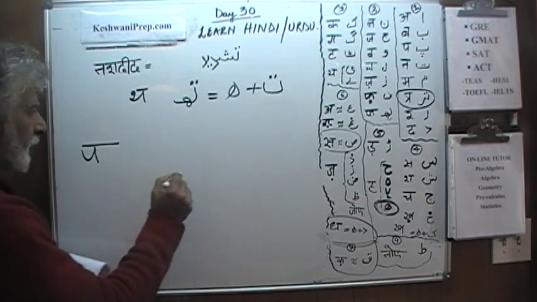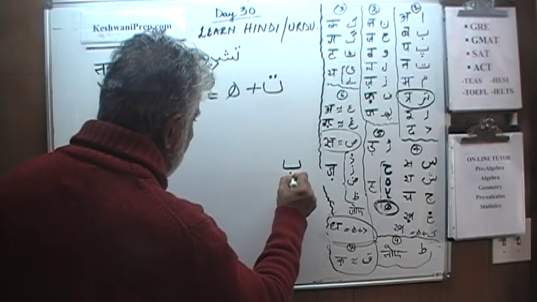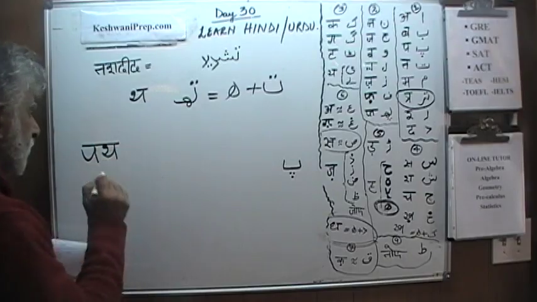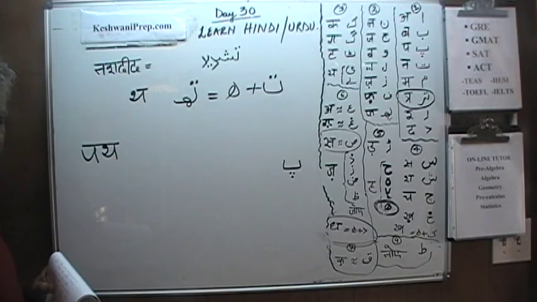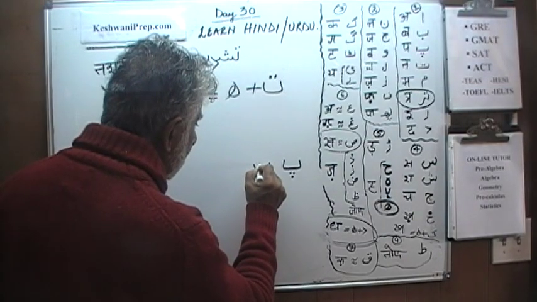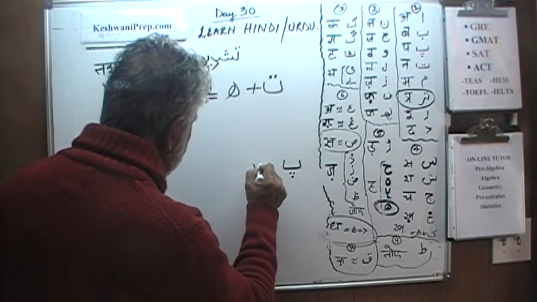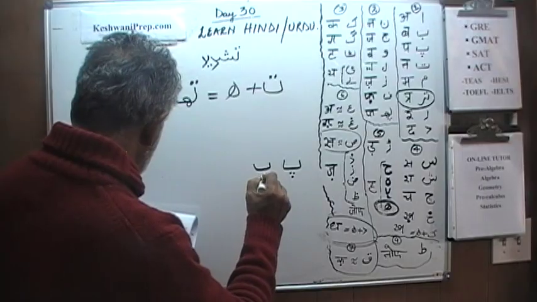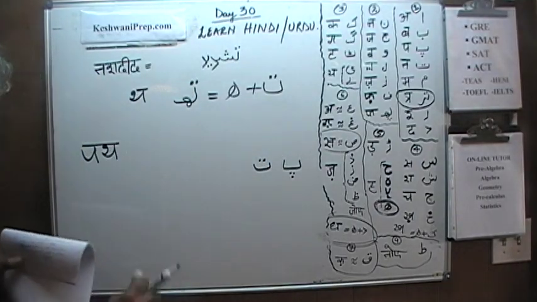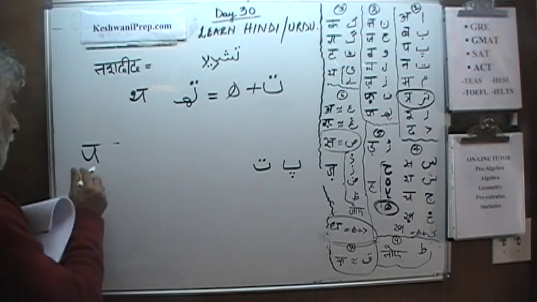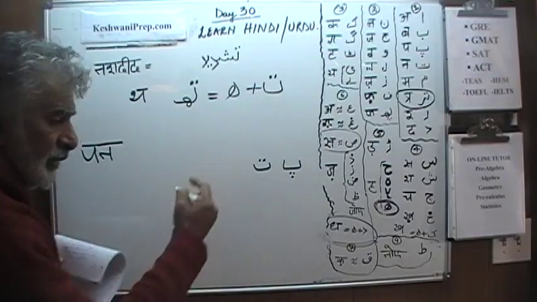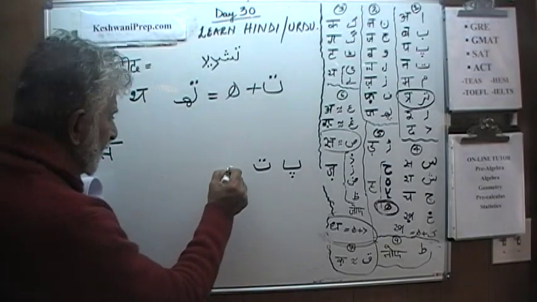P. Then we have a T. Pat. So far it says Pat. First we have Pat. Right. So far we have Pat. Then we need a Th.